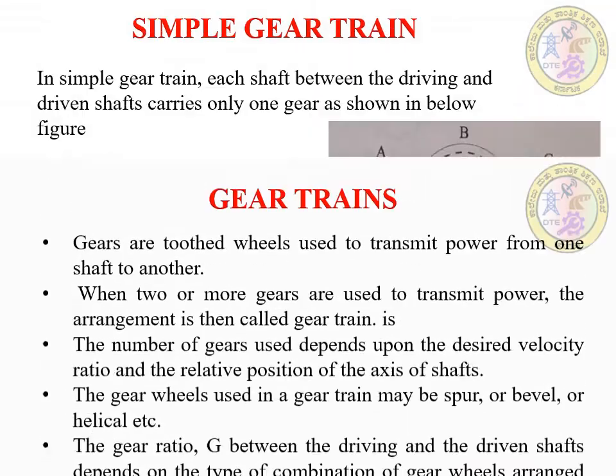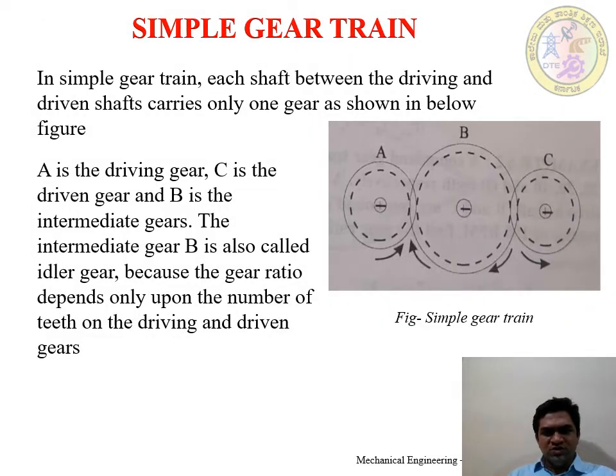Next, we move on to the simple gear train. In a simple gear train, each shaft between the driving and the driven shaft carries only one gear. Then it is known as a simple gear train.